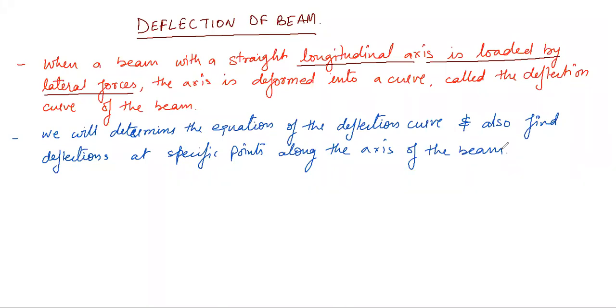So in this chapter, the first objective is to determine the equation of the deflection curve at different specific points along the axis of the beam. So that is the first thing that we need to find or calculate in this chapter, right?